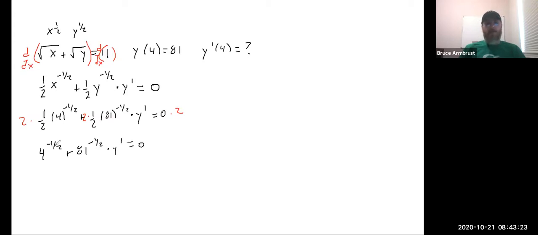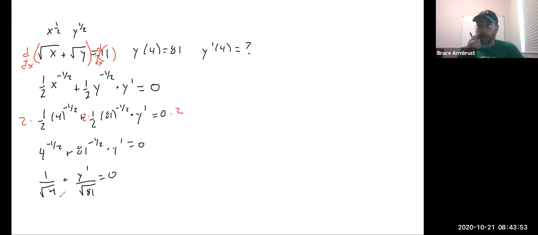All right, so the 4 to the minus 1/2, that's the same as 1 over the square root of 4. The 81 to the minus 1/2 is 1 over the square root of 81. The negative drops us down, and the 1/2 gives us a square root. All right, and so those we can calculate.